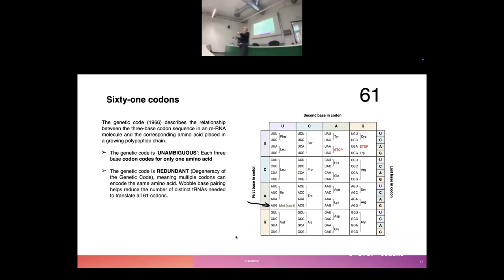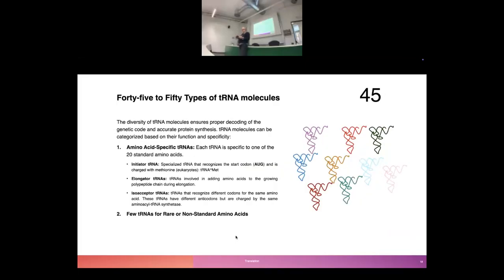So they have to manage with the redundancy. For tRNA, there are 45, let's say, in humans, it's between 45 and 50, but some are very rare ones. So let's speak about 45 types of tRNA. So we have 45 tRNA, but 61 codons.